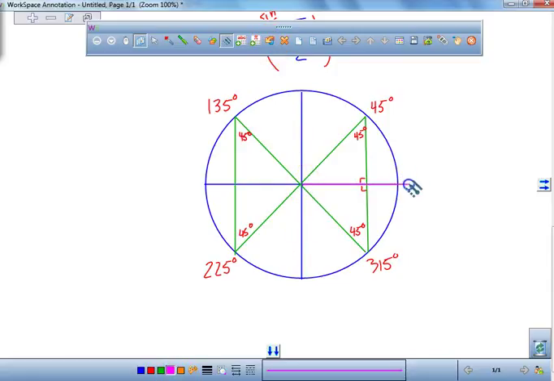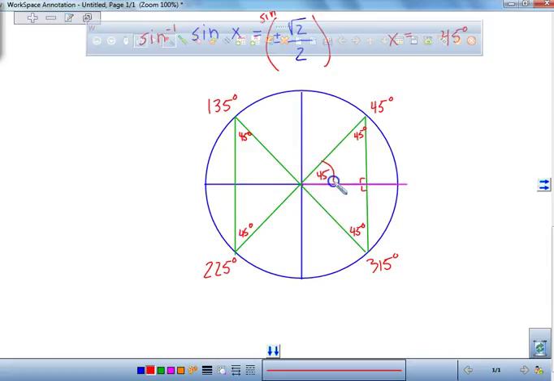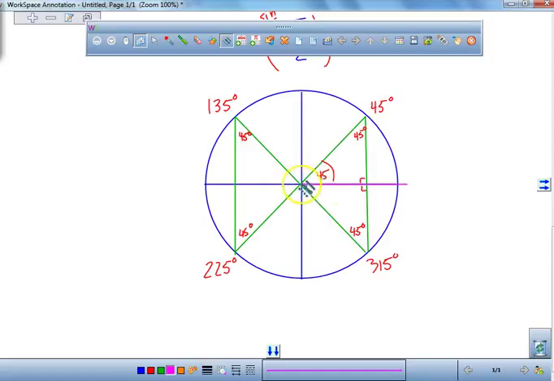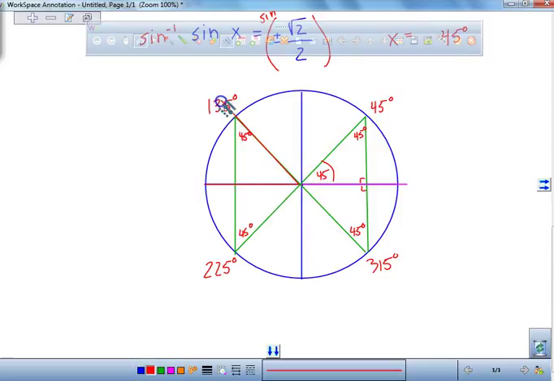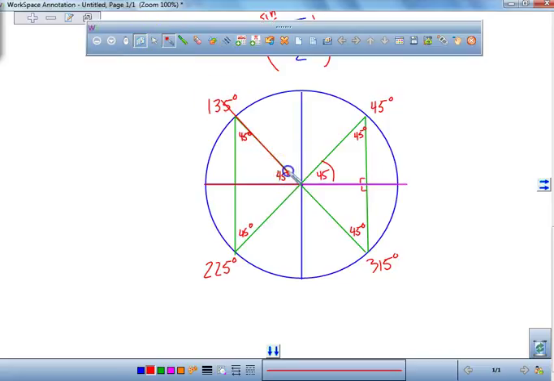Can everybody see the 45-degree angle right in here? So right now, if you focus right here, this angle right here makes a 45-degree angle. Right here makes a 45-degree angle.